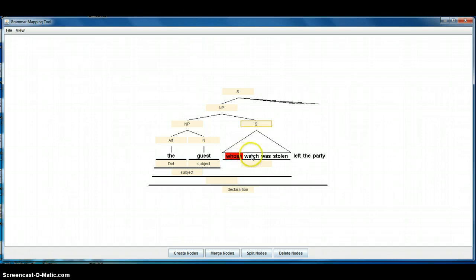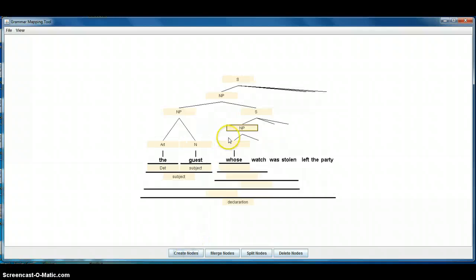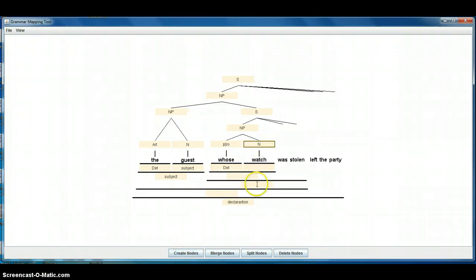We know sentences contain NPs and predicate phrases, so we can say NP, and that also is a subject. Whose is a pronoun. It's a possessive pronoun, but I don't think we need to do much about that here. Determiner, and then the watch is a subject, an N, that's a subject.